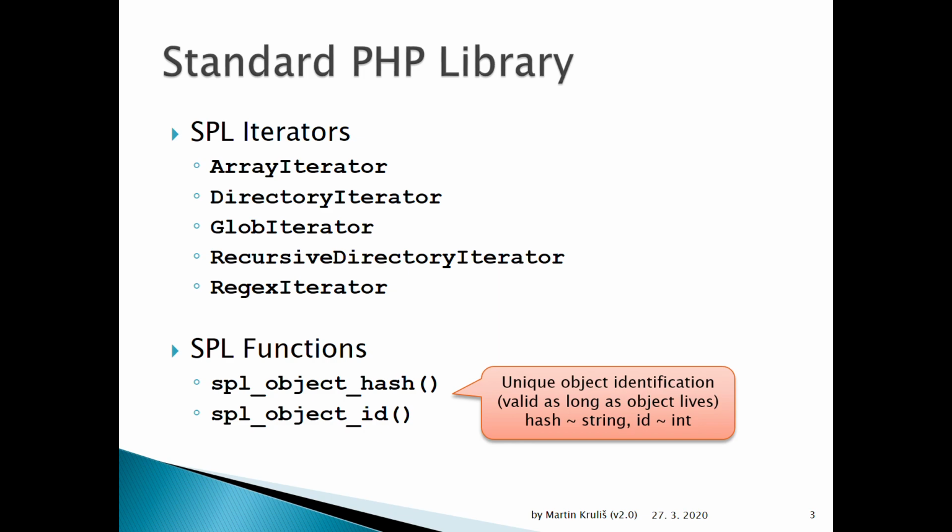If you are creating more complex data structures than those available, then you can use these to identify existing objects manually. There is a small pitfall: the unique identification is only valid as long as the object lives. So once an object is destructed, once the object is garbage collected, then this identification, both the hash or the ID, may be reused for other objects.